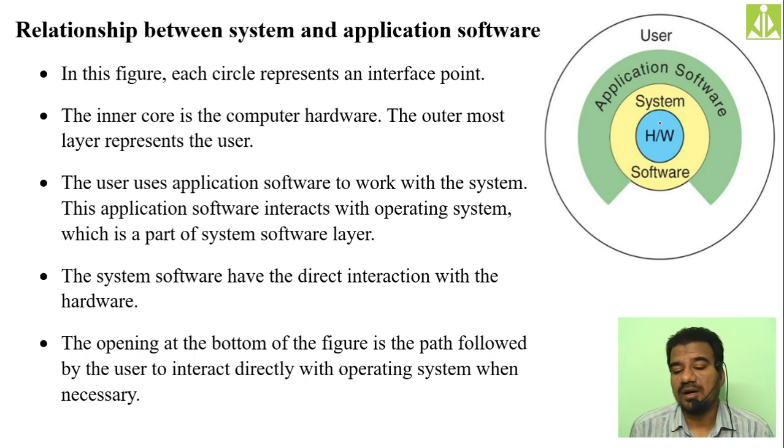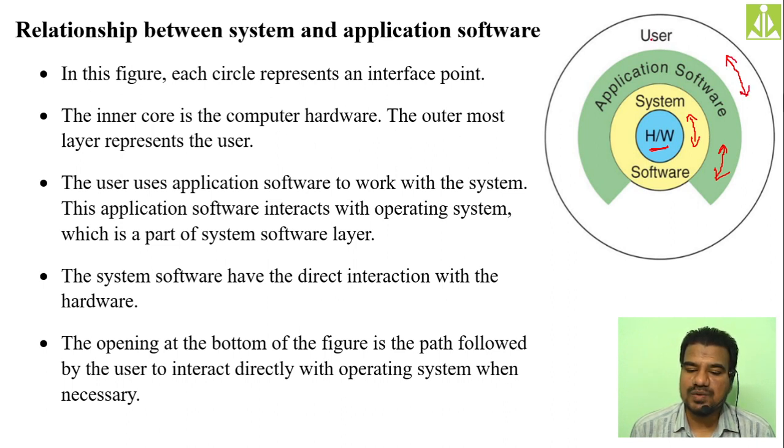The innermost layer, the blue circle, is the computer hardware, and this yellow circle on top of that is the system software. This green circle is the application software, and finally the outermost layer is the user.